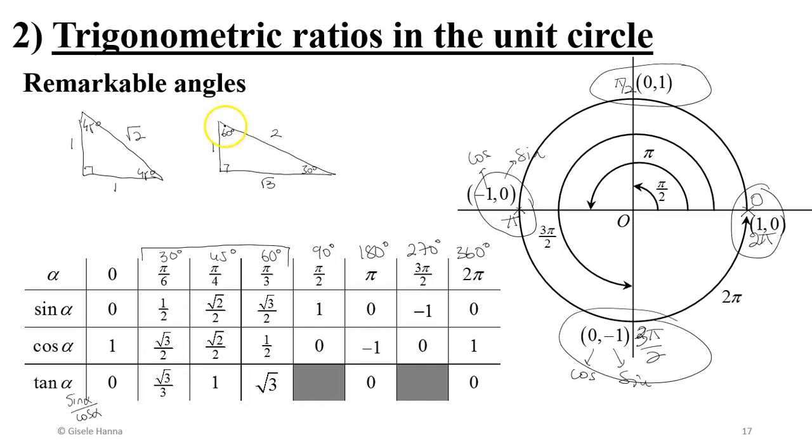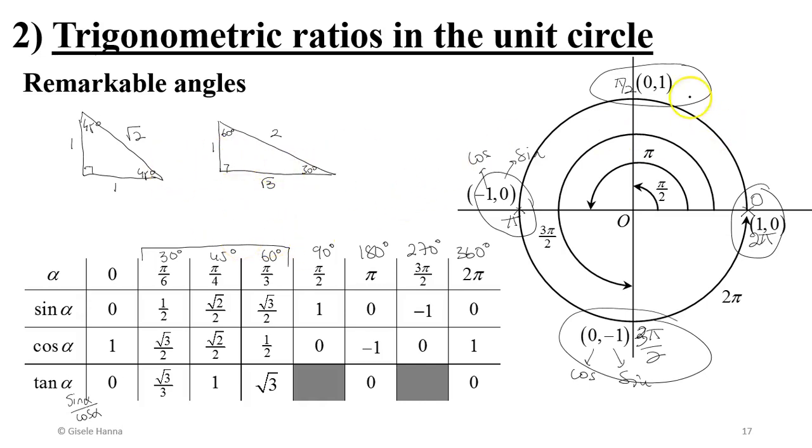As for 60, sine is square root 3 over 2, while cosine is 1 over 2, while tan of 30 is 1 over square root of 3, while tan of 60 is square root of 3 over 1. With practice, you will eventually memorize these. But for the time being, you don't really have to memorize them by heart.